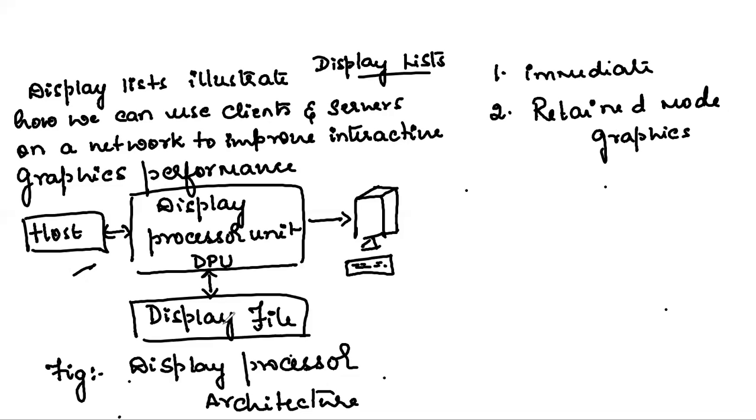The display list is stored in the server, and whenever you want to redisplay, it can be done by a simple function call issued by the client to the server. A copy is retained in the display file, which is stored at the server end.